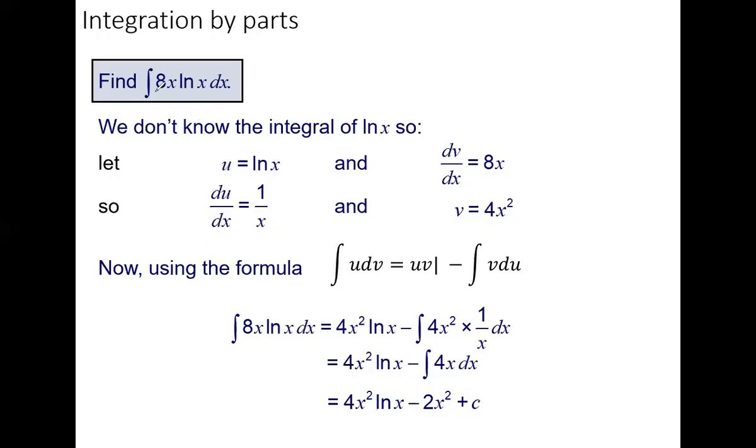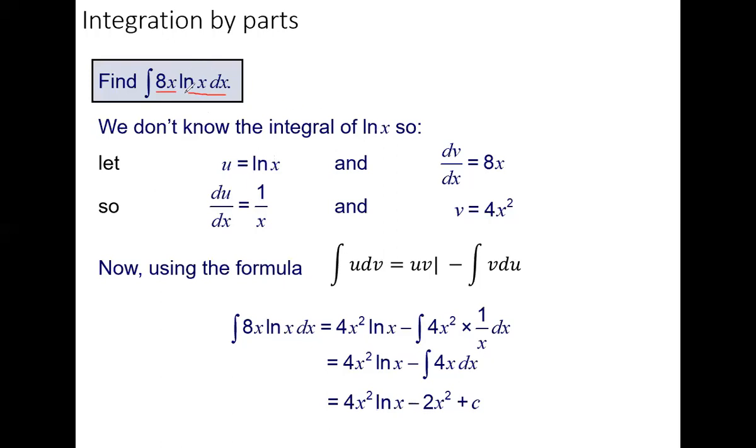So we take the next one, the integral of 8x ln x dx. Okay, good. So what do we do? Now be very careful. In this case, ln x dx will keep repeating itself if you make it the dv.